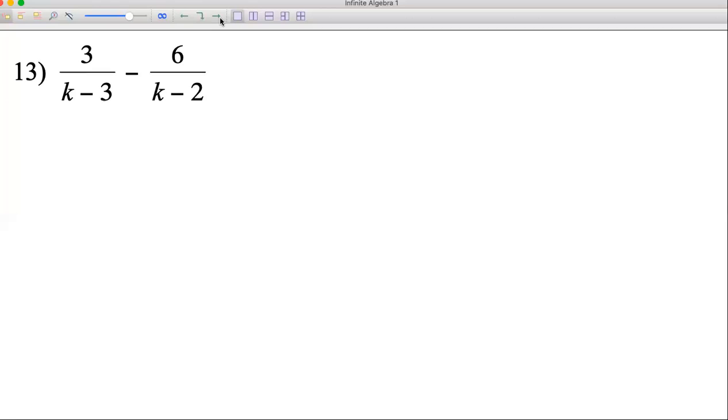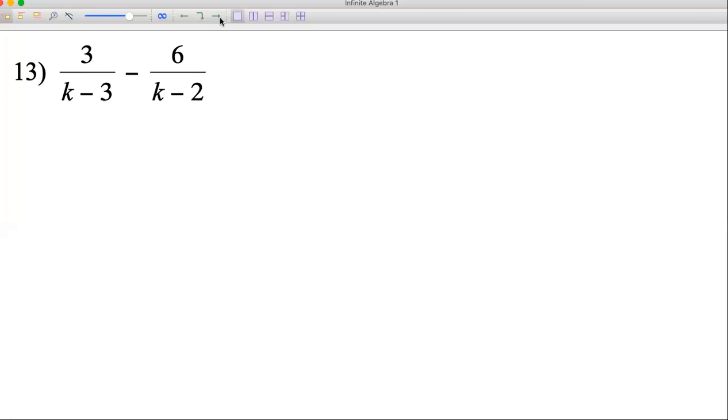When you have adding or subtracting, I want everything to the highest power, right? So notice I got a k minus 3 and a k minus 2. I want everything. So I want as a common denominator k minus 3, and I want k minus 2. I want it all, those parentheses. That's what we got to turn everything into.